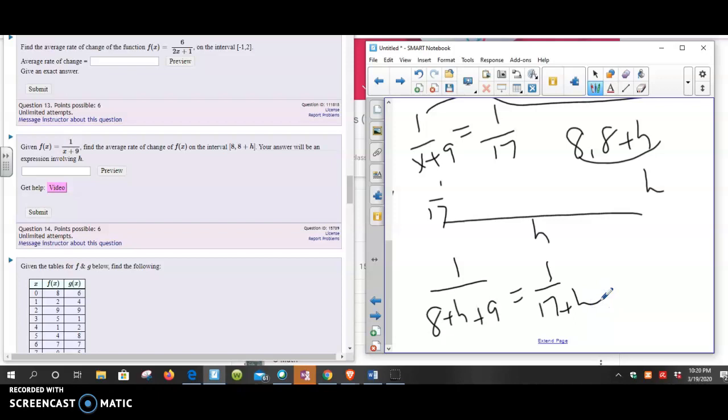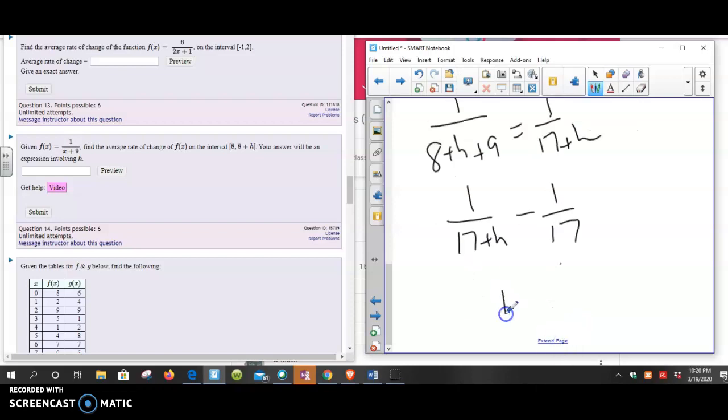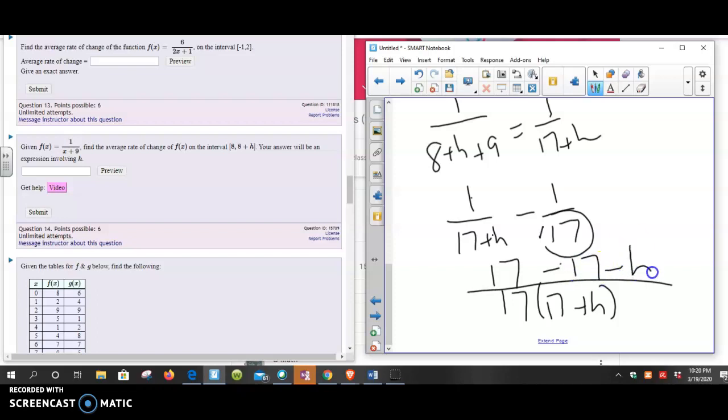So we need to find the distance between those two. So in order to get an answer for that, it's going to be 1 over 17 plus h minus 1 over 17. So we need a common denominator of 17 times 17 plus h. This problem seems messier than it needs to be. What's missing here is 17, so we have a 17 in our numerator. What's missing here is the 17 plus h, so it's going to be minus 17 minus h. And so now we can subtract.